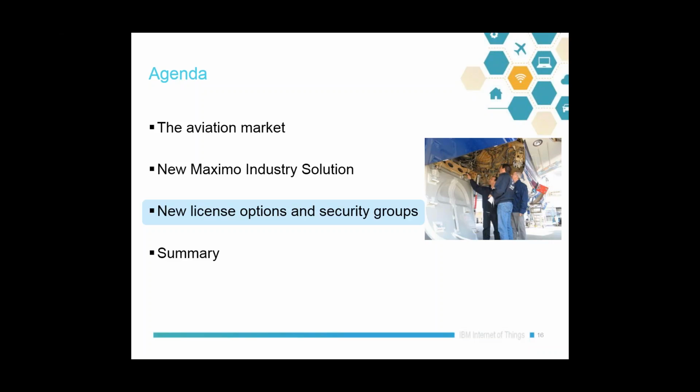There's some additional capability that only shows up in Aviation because of the packaging of it, but stay tuned, and in the second half you'll hear about some enhancements to those individual products like Scheduler and ACM and Service Provider. So now I'd like to quickly jump to talk about some new license options and security groups.